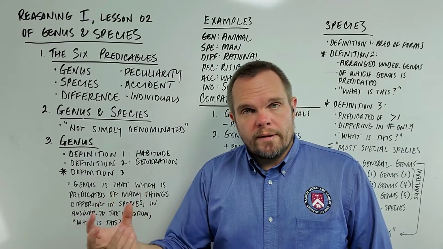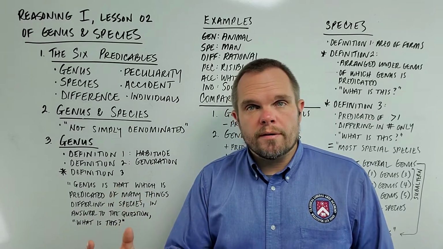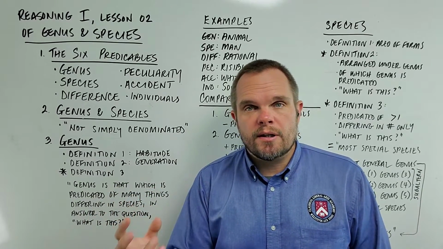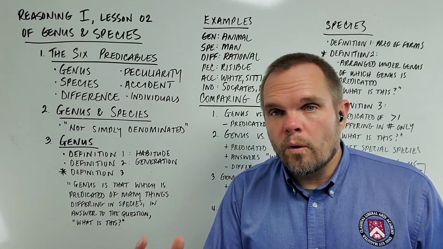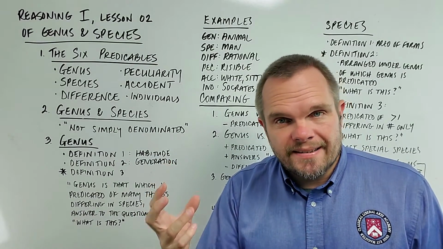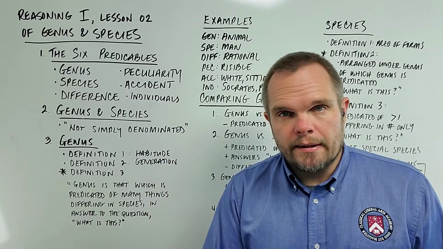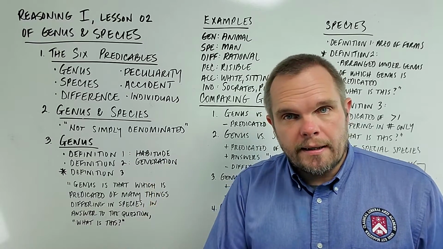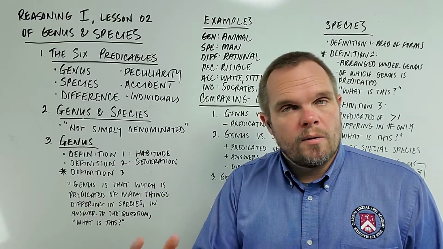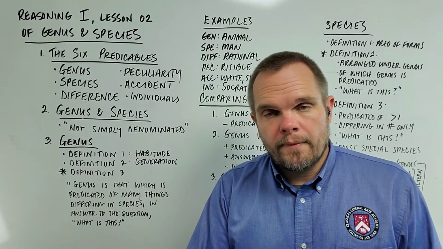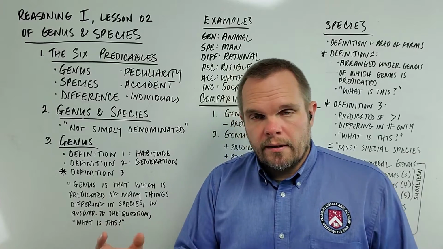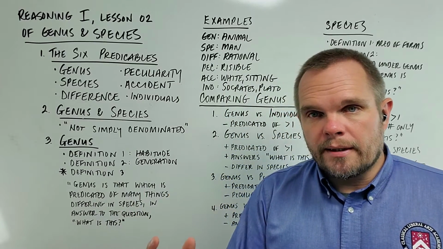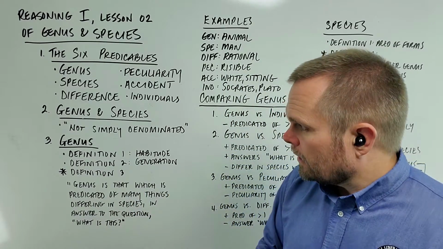When that happens, that word is very clear and easy to understand, because that word, having only one meaning, is simply denominated, or it's named in a simple way where there's just one name and one meaning for that name. That's what it means to be simply denominated.